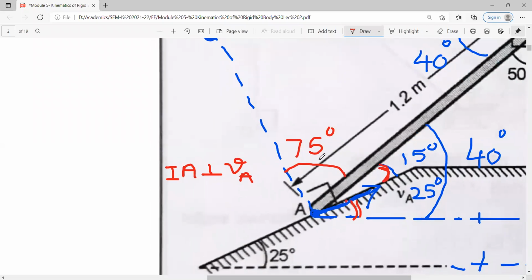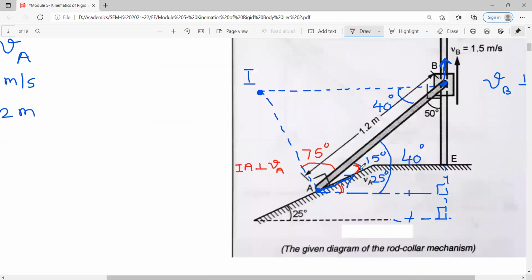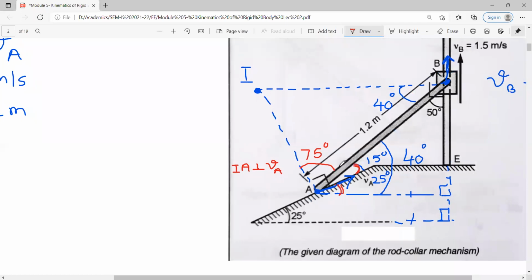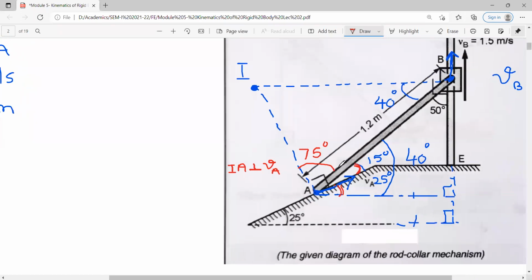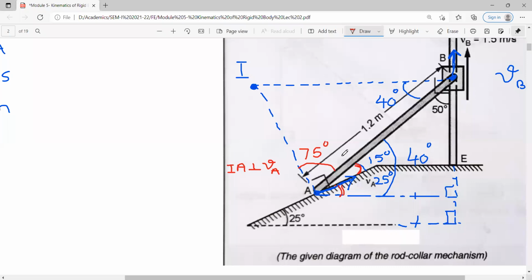See, now you can see it properly. Okay, so it is like this. Now you concentrate on this triangle, triangle IAB.